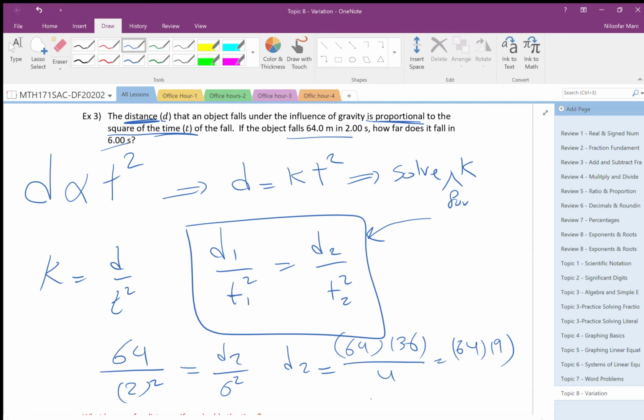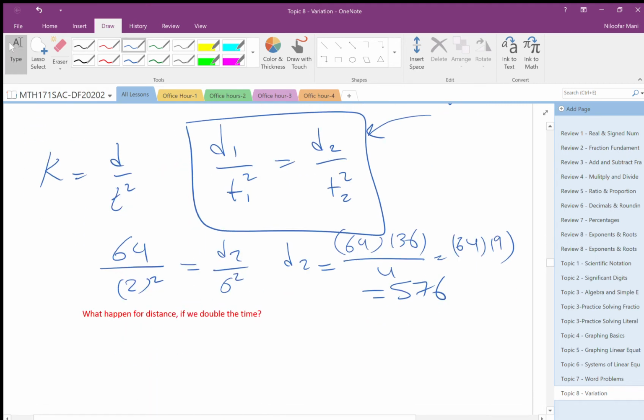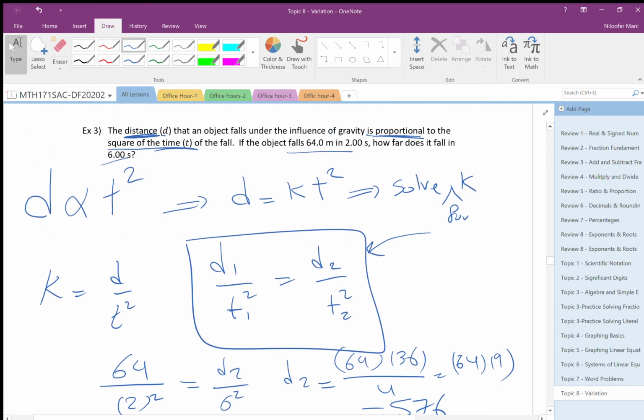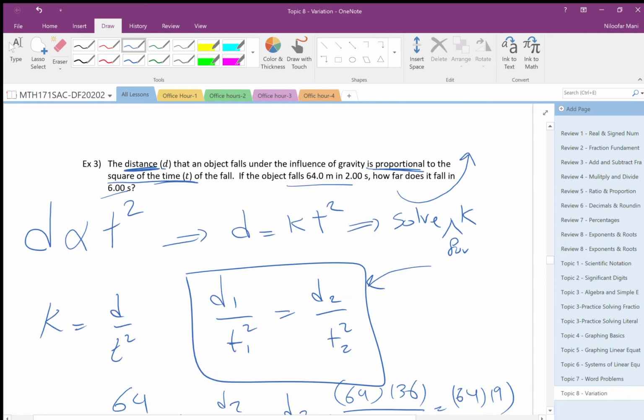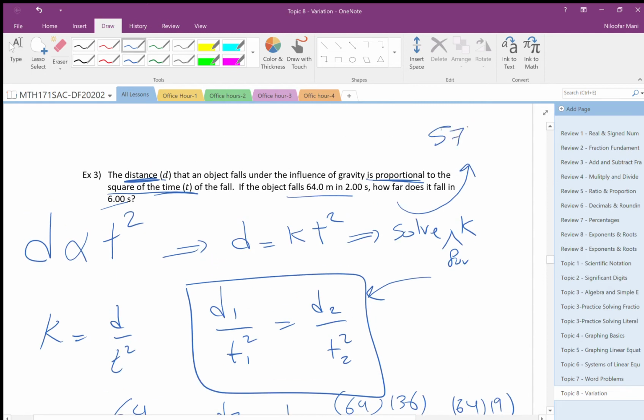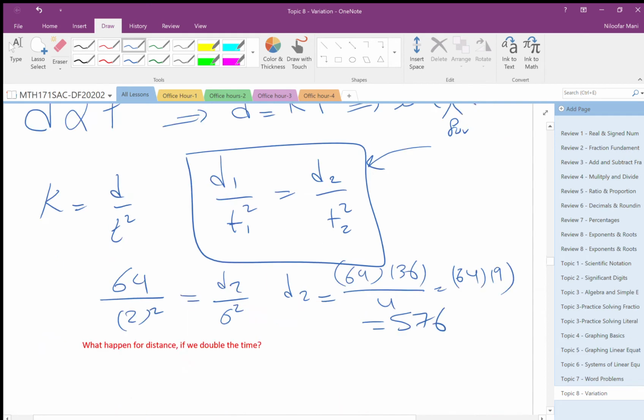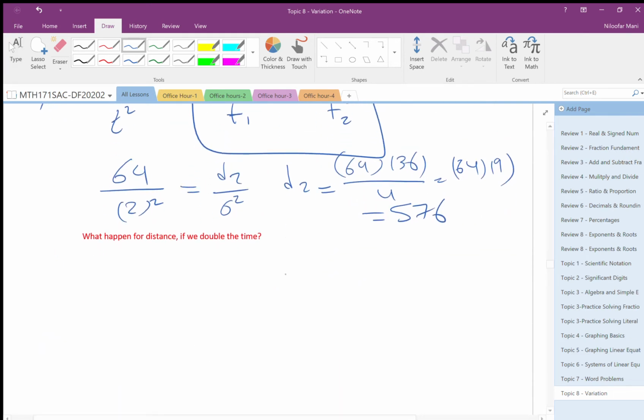So it is 576 meter. How far is 576 meter? And don't forget, you have to write a sentence. The conclusion is homework.